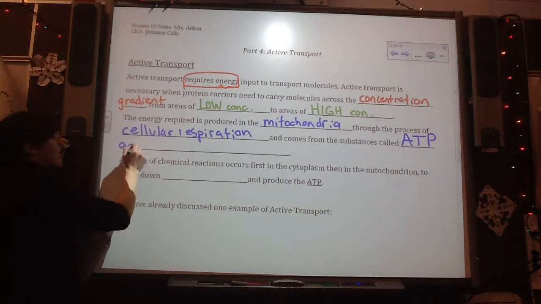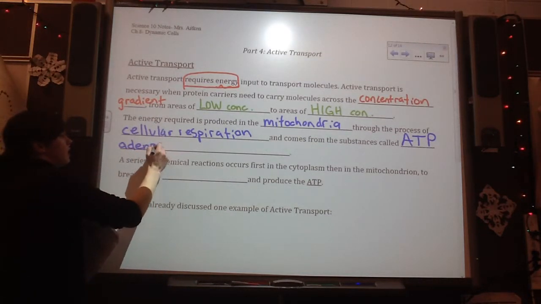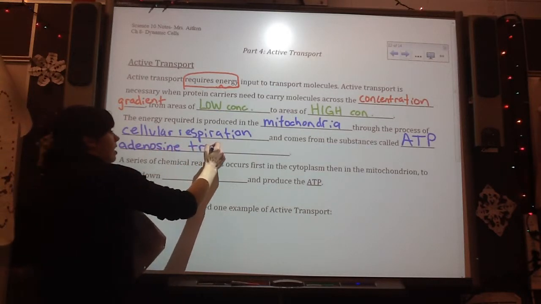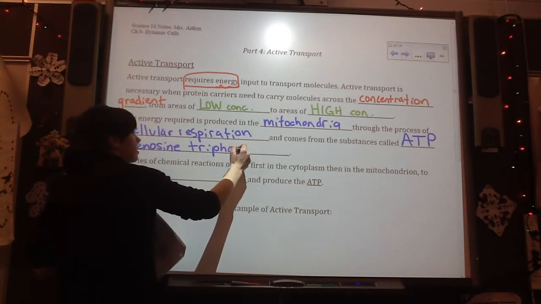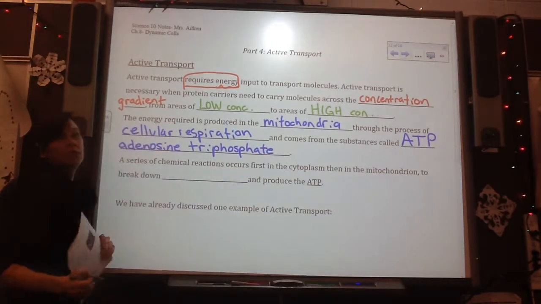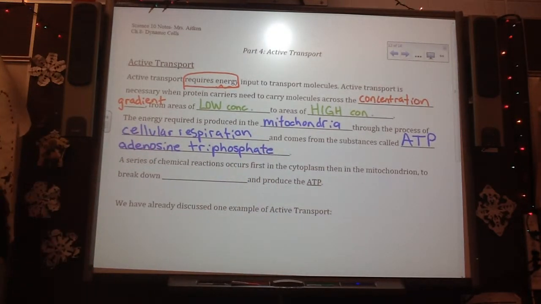So it's adenosine triphosphate. You don't need to know or memorize that name. It's just for funsies. Okay, adenosine triphosphate.